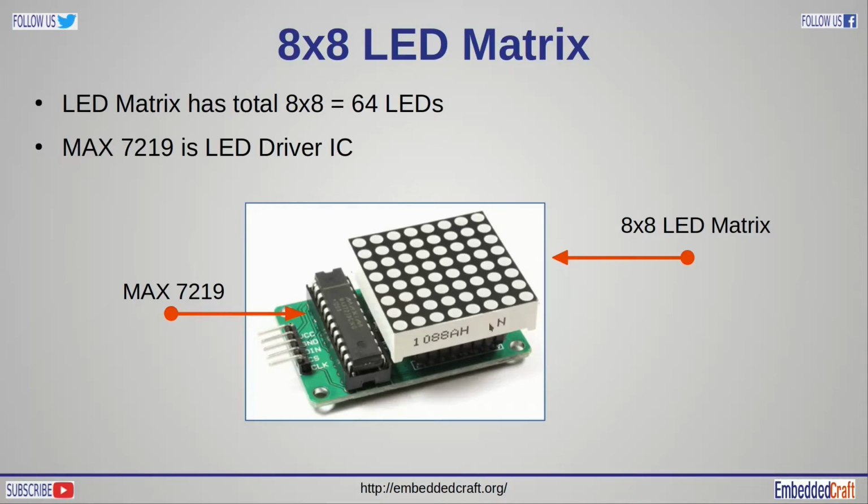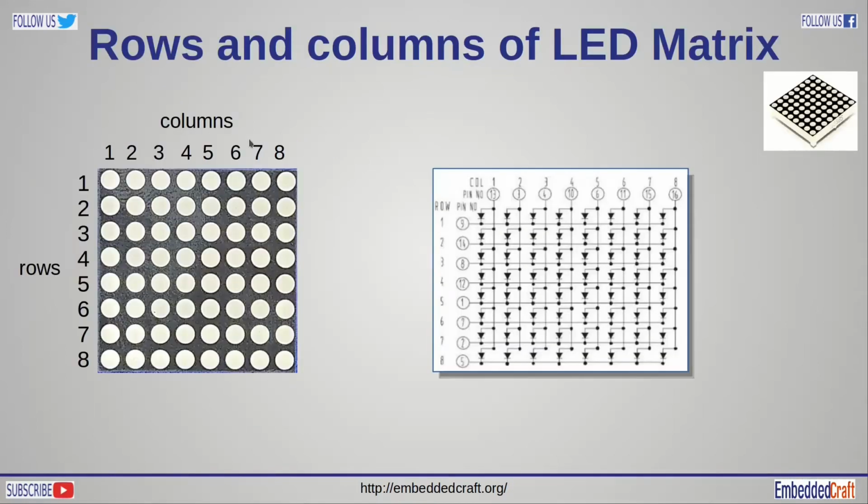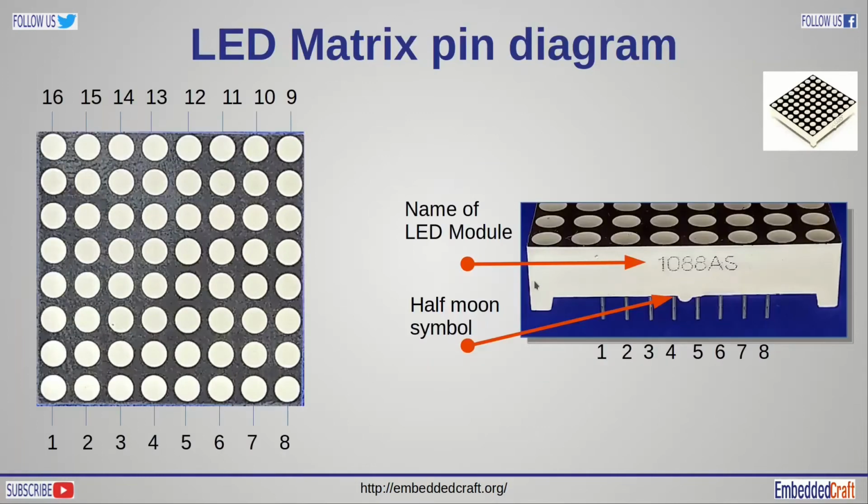In the generic module, we have the LED matrix and the MAX7219 IC. Let us see how the LED matrix works. LEDs are organized into 8 columns and 8 rows, with LEDs connected at the intersection of each row and column. Here are pins numbered from 1 to 8 and 9 to 16.